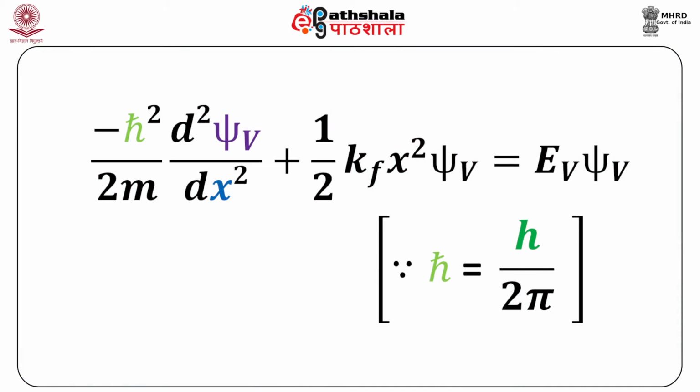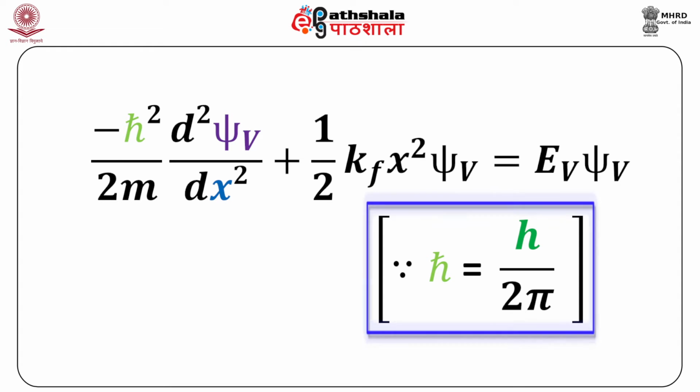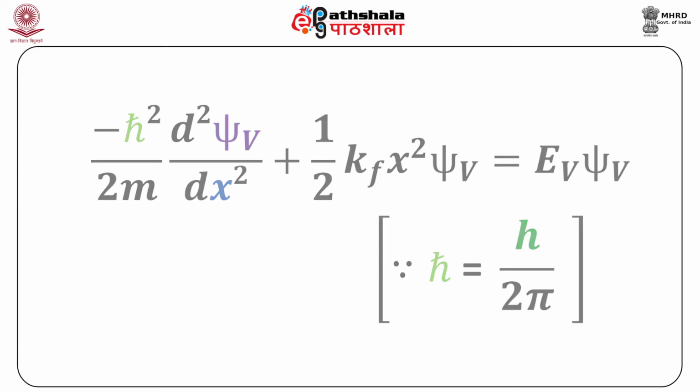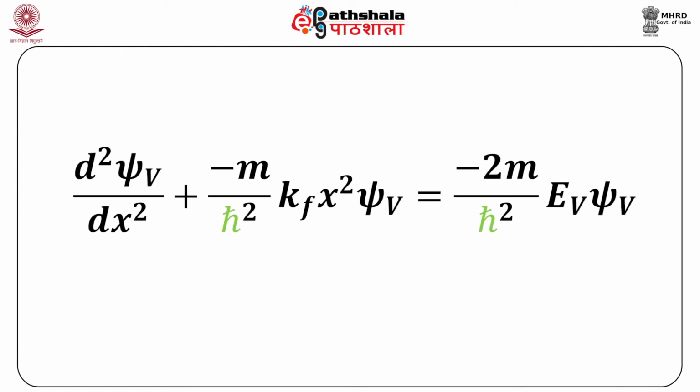So as you can look at this equation, we make a few substitutions, like we put h cross is equal to h upon 2 pi and then multiply this equation by minus 2m by h cross square, so that we get this equation which is d2 psi v by dx square plus minus m upon h cross square kf x square psi v, all in parenthesis, is equal to minus 2m upon h cross square Ev psi v.